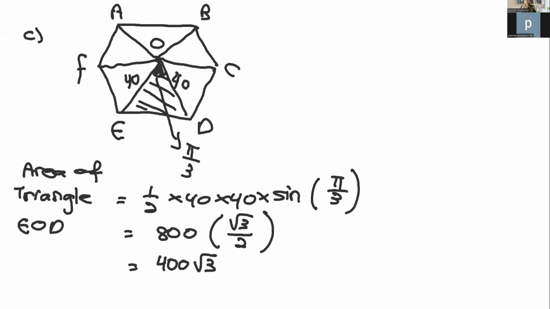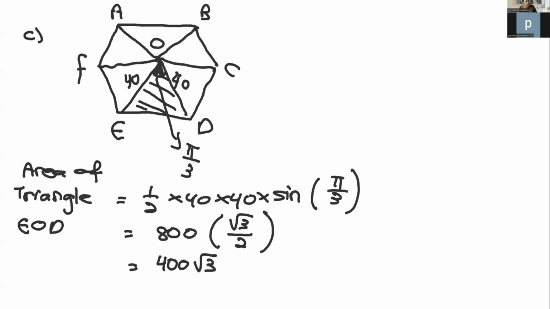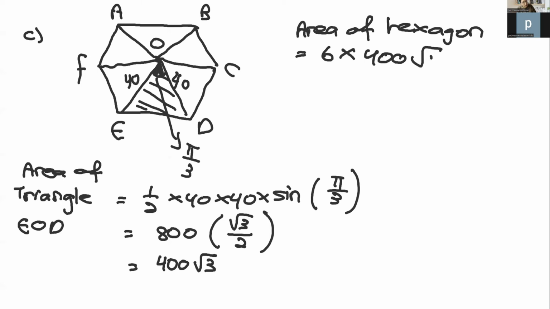So that means in order to get the area of the hexagon, you just have to multiply one of these areas by 6. So the area of the hexagon will be 6 times 400 root 3, and you get 2400 root 3 cm squared.